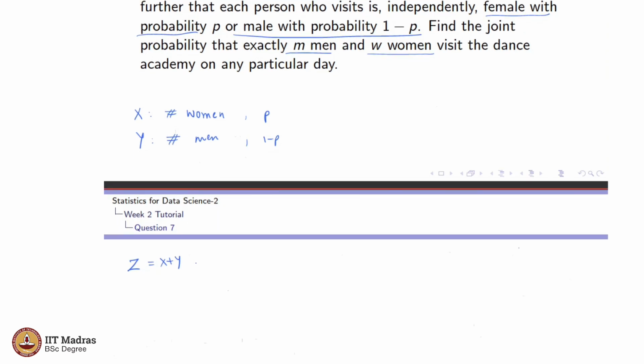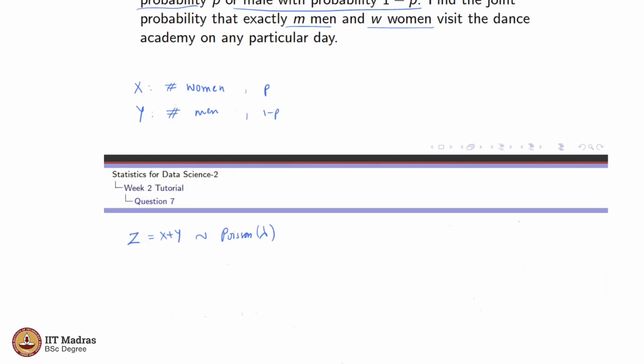So this is going to be a Poisson random variable with the parameter lambda, because we know that in case of a Poisson random variable, the mean and variance are equal to the parameter of the distribution. So here z is going to be Poisson lambda. Now we have to find the probability that x equals w, comma y equals m.